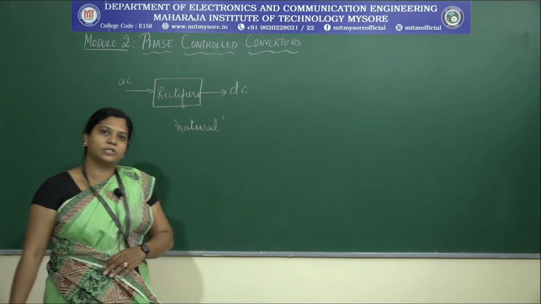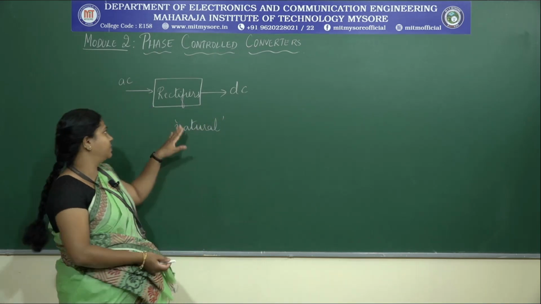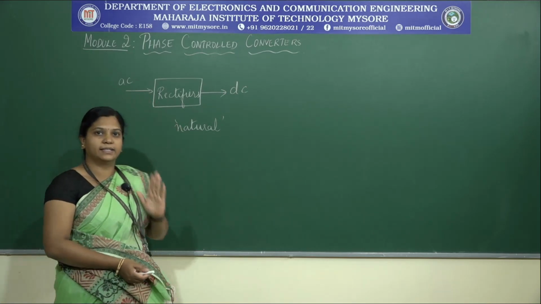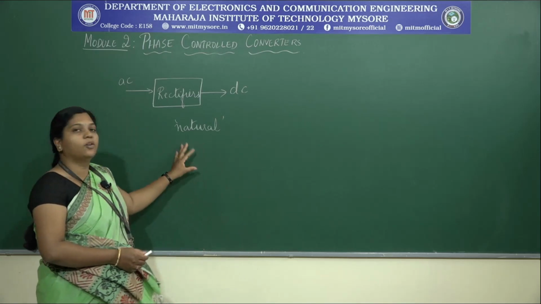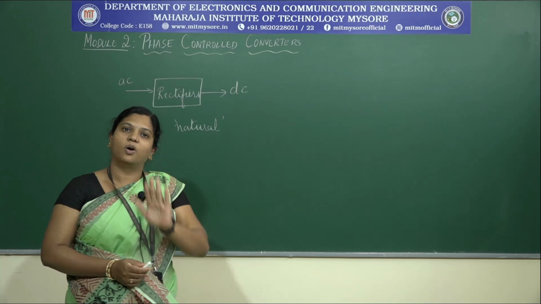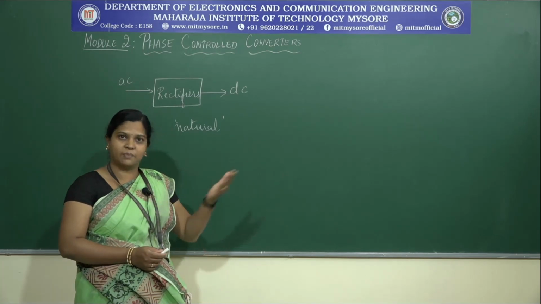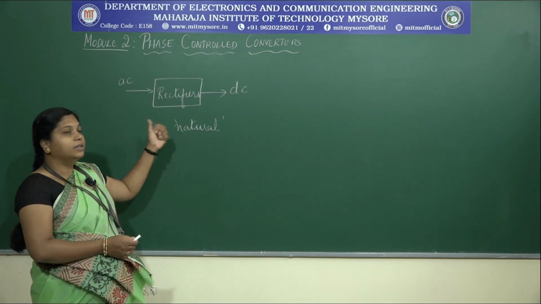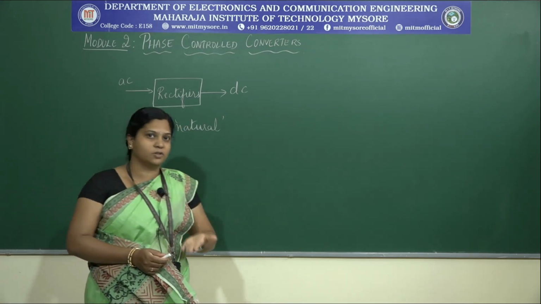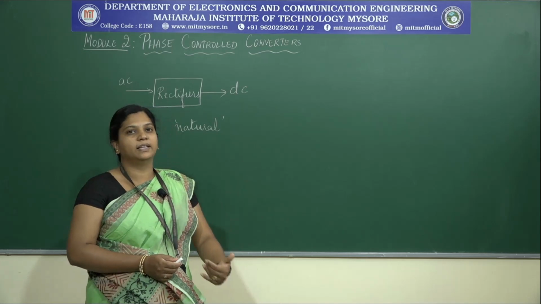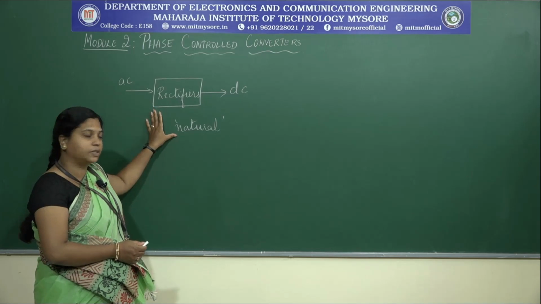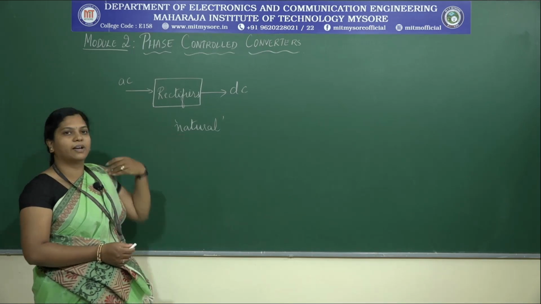Natural commutation means, whenever there is an alternating signal, depending on the position of the device, whether we have placed anode to cathode or cathode to anode, let us take an example of a thyristor. Depending on the position of the device, for one half the device will be in its on state, and for the other half cycle of the input, the device automatically goes off.